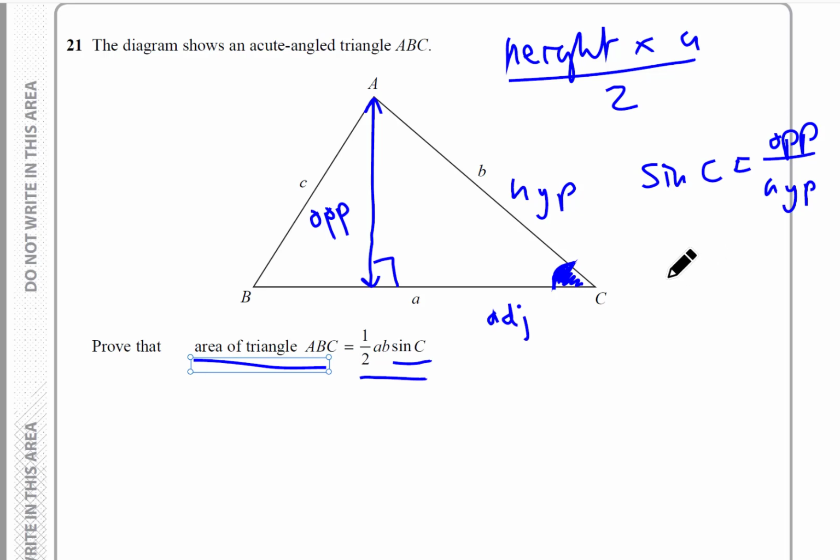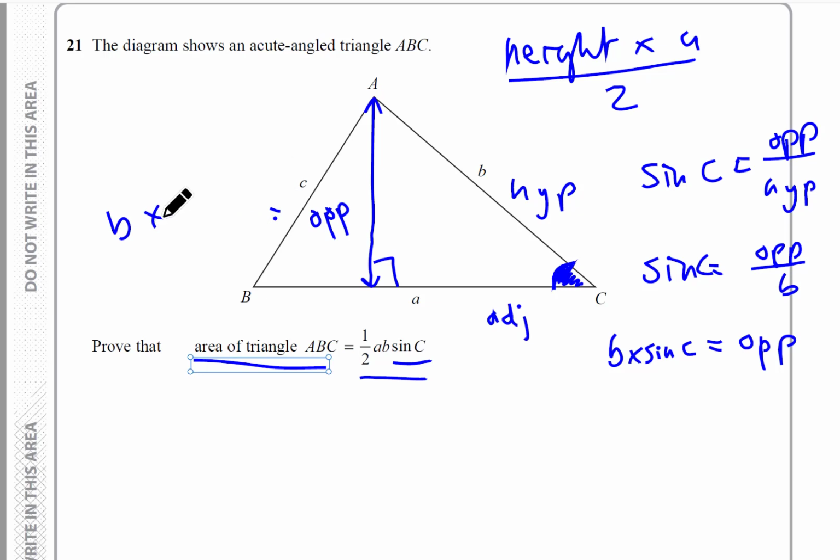So we know the hypotenuse is B. Let's just write sine C equals the opposite over B. So the opposite is going to equal B times sine C. So I hope that's gathered.